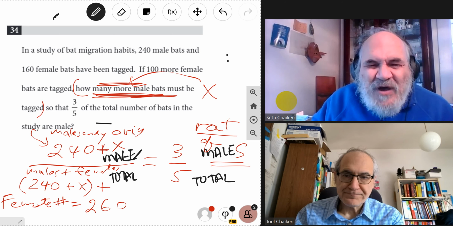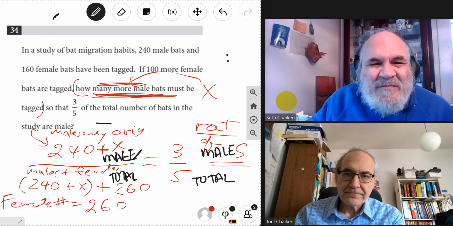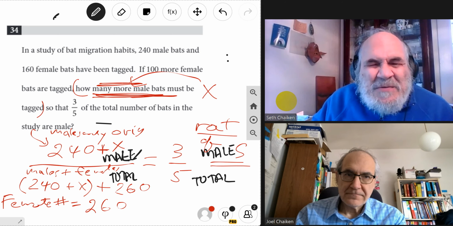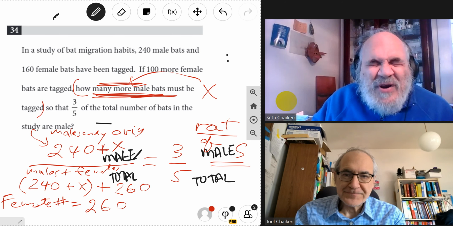So how many females? 100 more are added, so the number of females is 260. There's the equation. We're going to move it over and solve it.